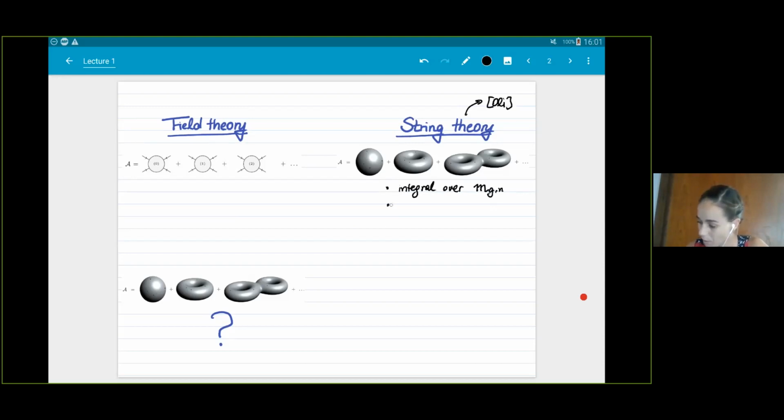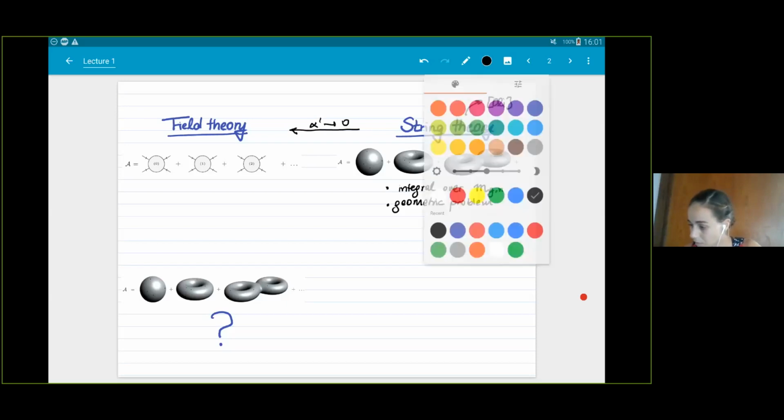And so the whole problem becomes a geometric problem. But on the other hand, if we look at field theory, certainly nothing of this survives. So from string theory, we recover the field theory amplitudes in the limit as alpha prime goes to 0.